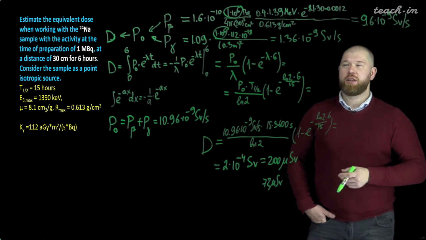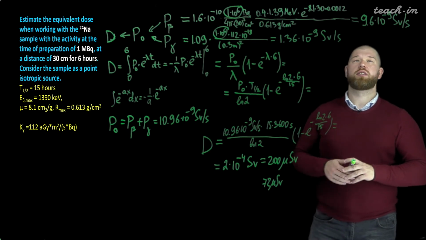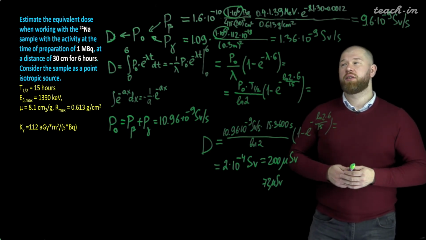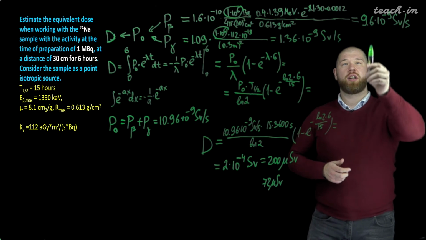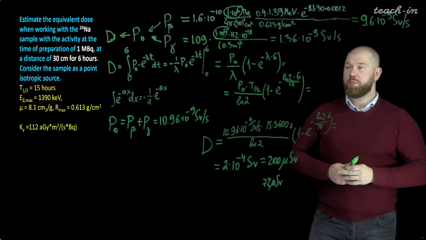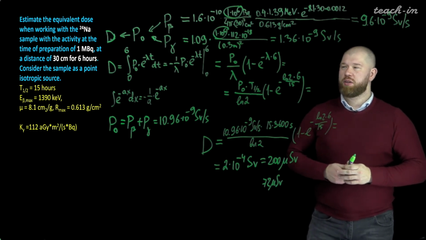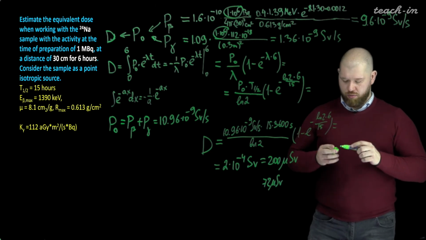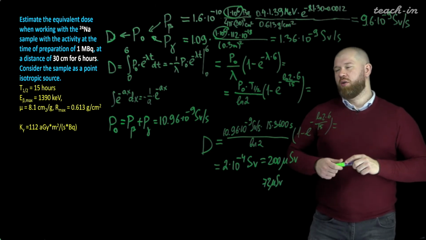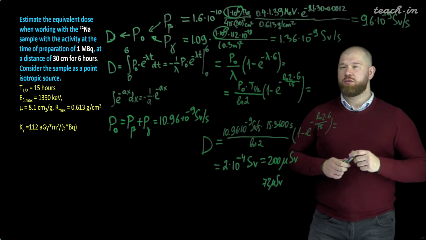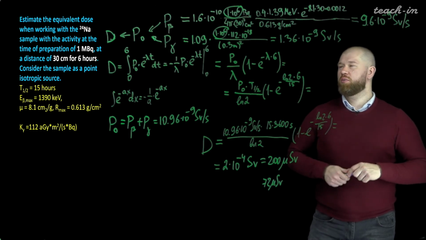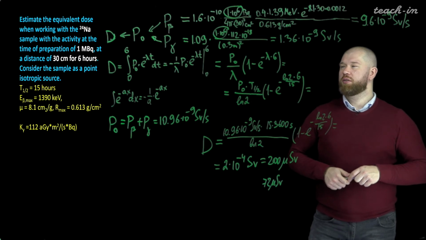Interesting moment again: we can see that the main dose rate at this distance will come from the beta particles. Let's now assume what is the thickness of, for example, an aluminum shield we should use for beta particles.